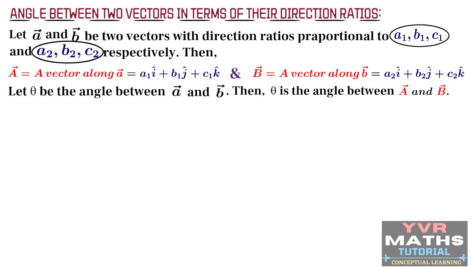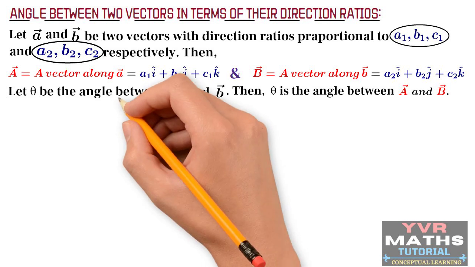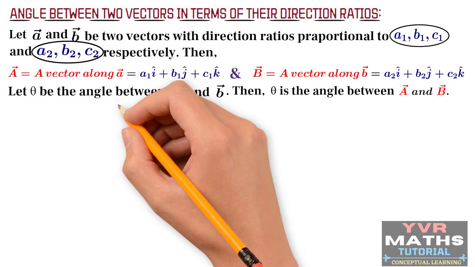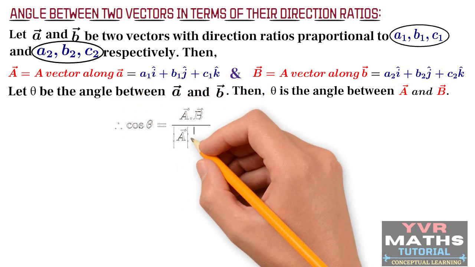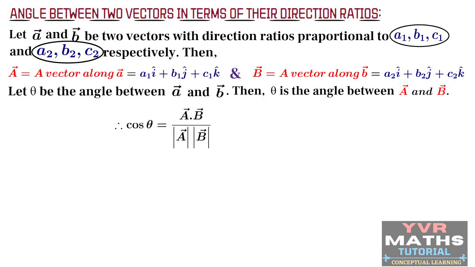Now, from the dot product of two vectors concept from vector algebra, cos theta is equal to A bar dot B bar by modulus of A bar into modulus of B bar. Now, I will substitute what is A bar vector and what is B bar vector.